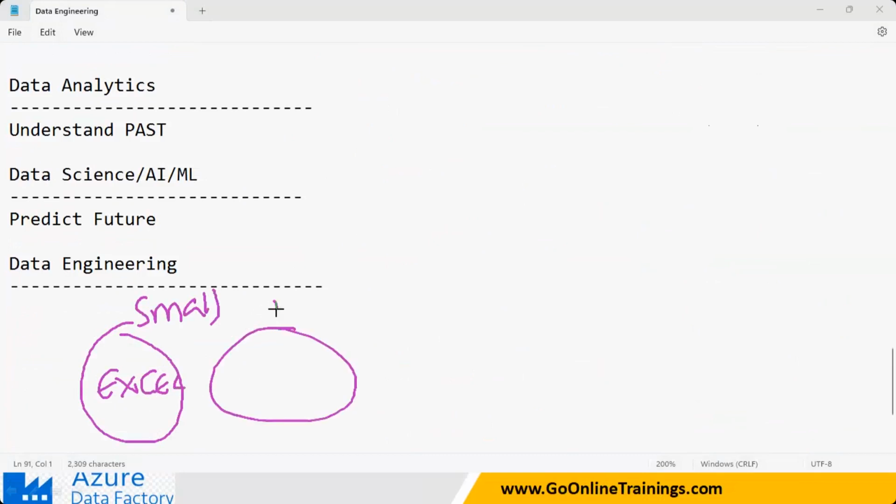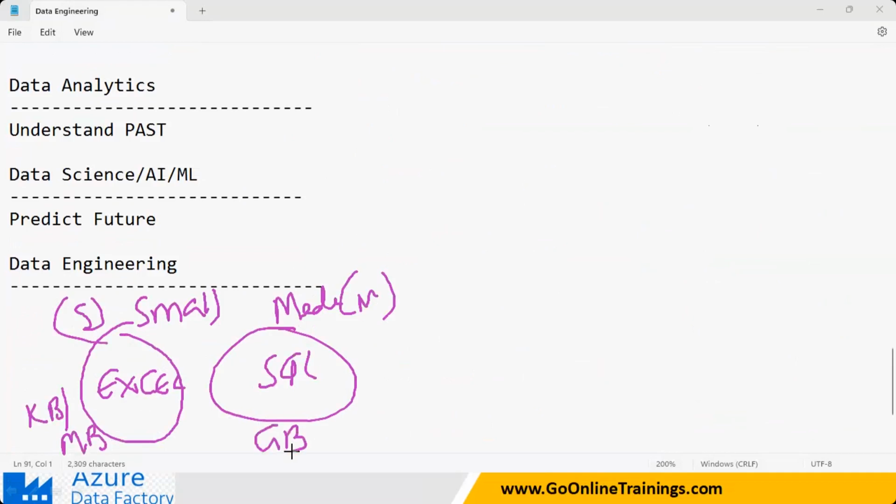When you have medium-sized data, I'm going to keep the data in SQL. This is KBs or megabytes of data, or GBs of data. When you have large data, large means size L, this will be stored in data warehousing machines. Here we're talking about terabytes of data.